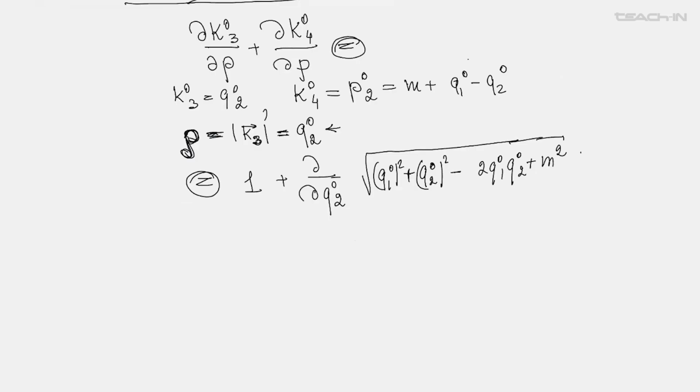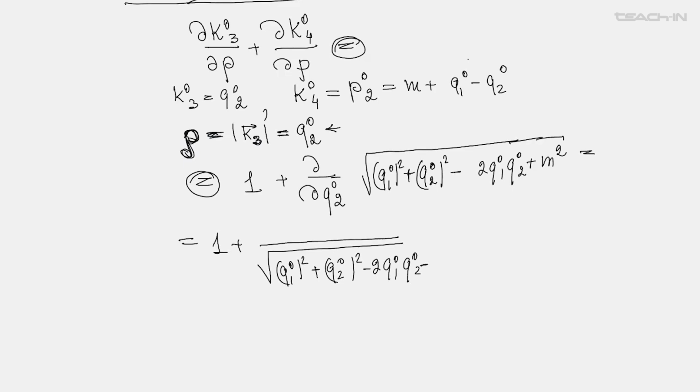I will get the square root in the denominator, like this, and differentiation of the expression under the square root over Q20 produces Q20 minus Q10 cosine theta, right?